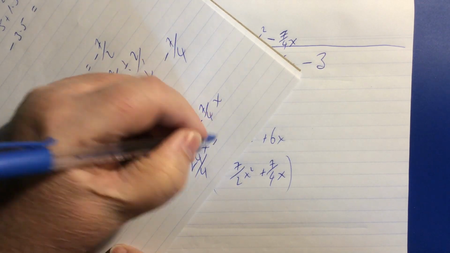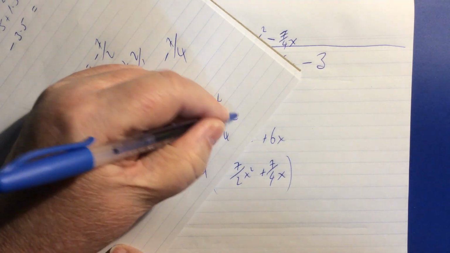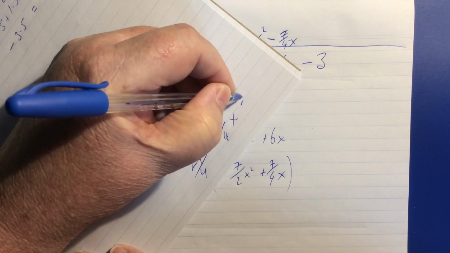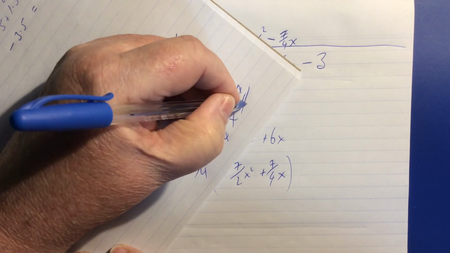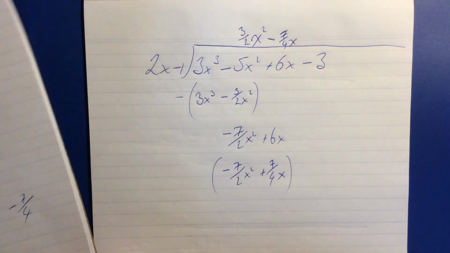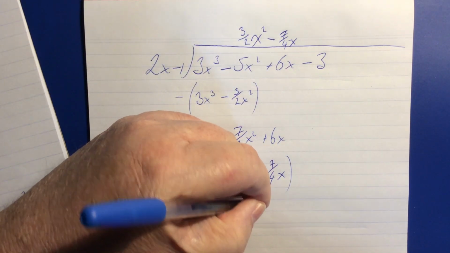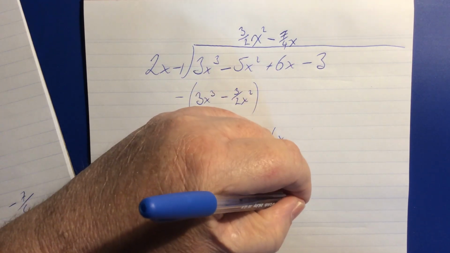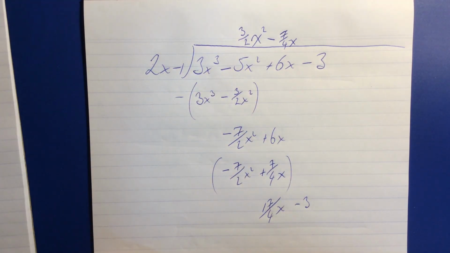Minus 7 on 4x, which leaves me with 17 on 4x. So this number down here is 17 on 4x, and I'll bring down the 3.